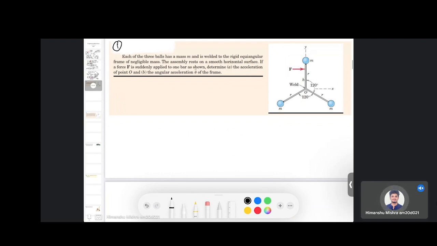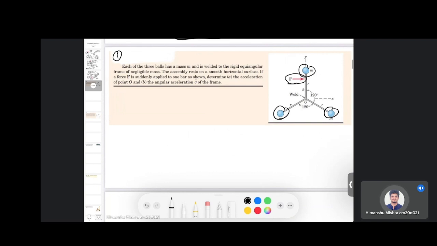So you can see there is only one external force acting on the system, and there are three balls of mass m. Then to determine the acceleration of point O, we just need to use the relation between force and acceleration. So the force in the x direction equals 3ma, right?